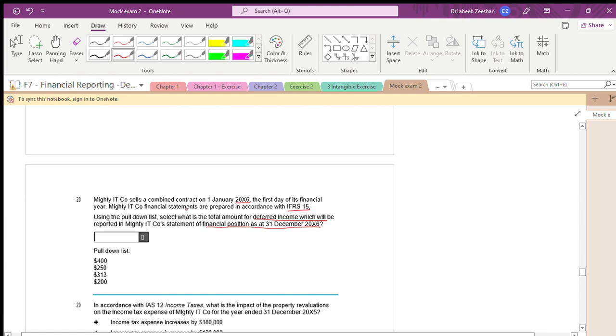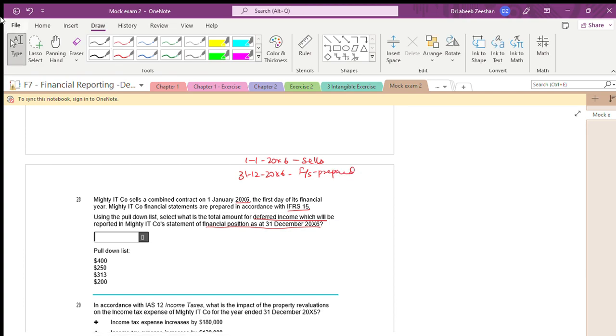That is 1st January 2006. They are preparing the financial statements as of 31st December 2006. Is it right?